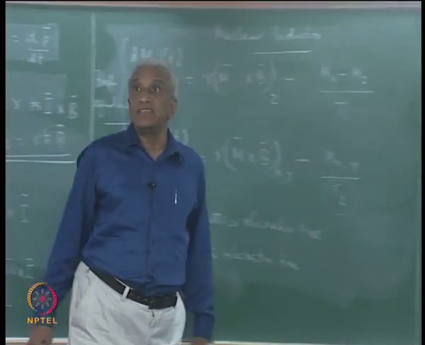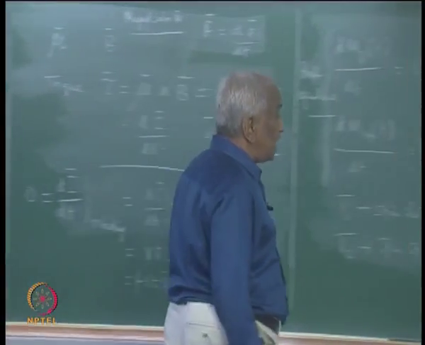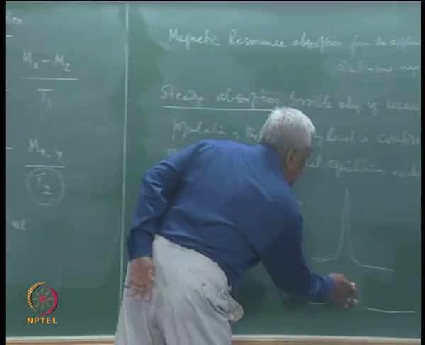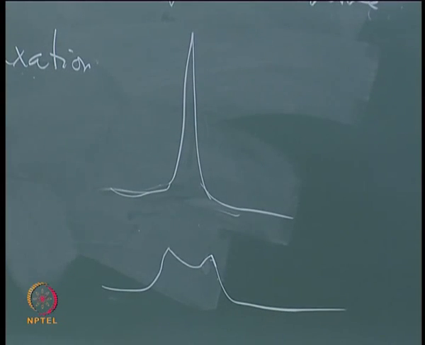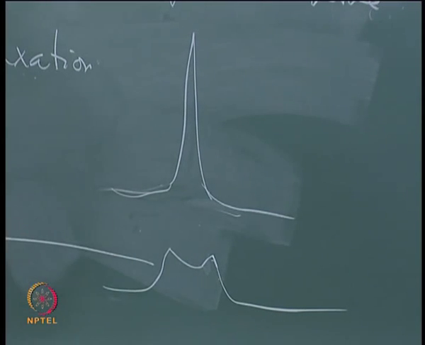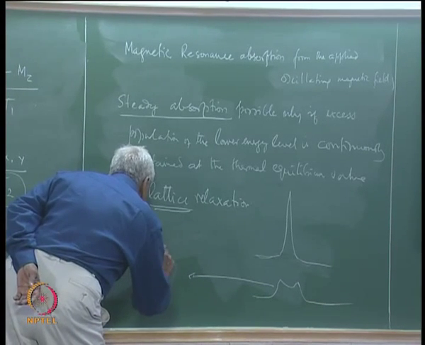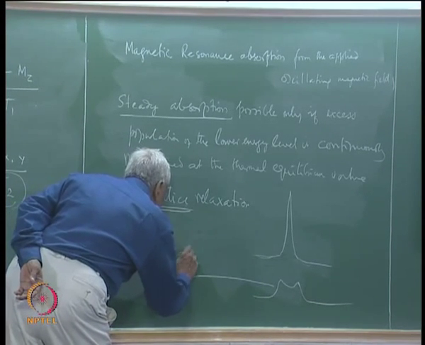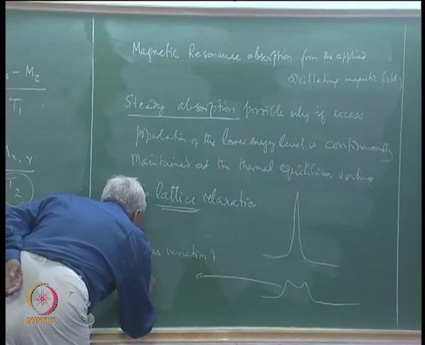So, that would be the nature of the absorption which you observe. As you change the direction of the magnetic field, the direction of the interproton vector is changed, and so you have an angular variation of the splitting.